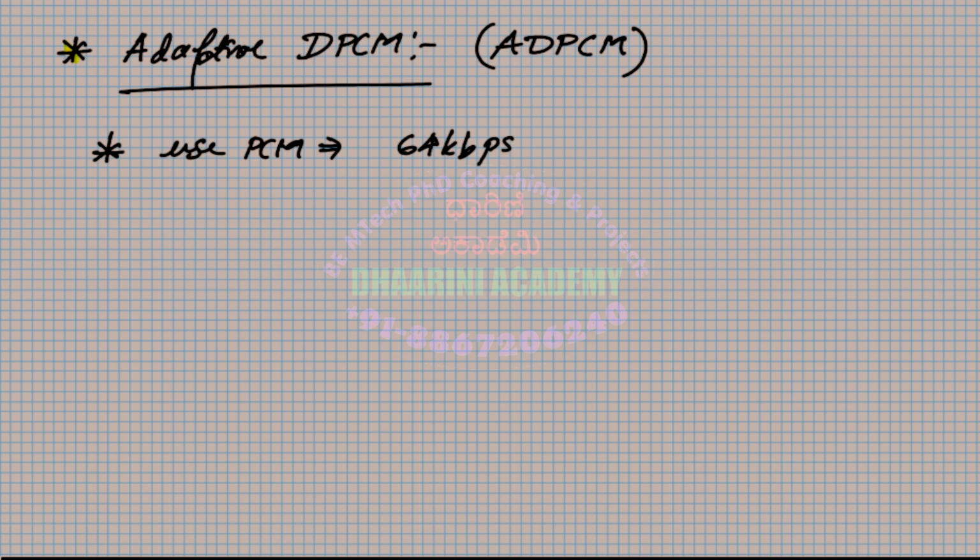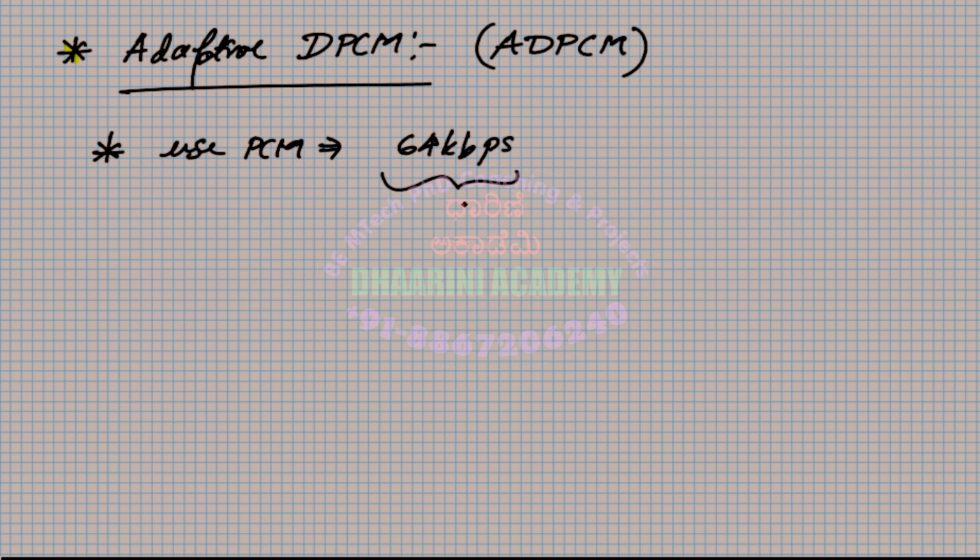Let's say video is too huge compared to the audio, so I should be able to represent the audio in much lesser space. That is the requirement. So 64 kbps is too much for the amount of information that is present inside the audio signals or the speech, right? So when we don't have the enough space in terms of the bandwidth, the speech should be coded at a low rate.